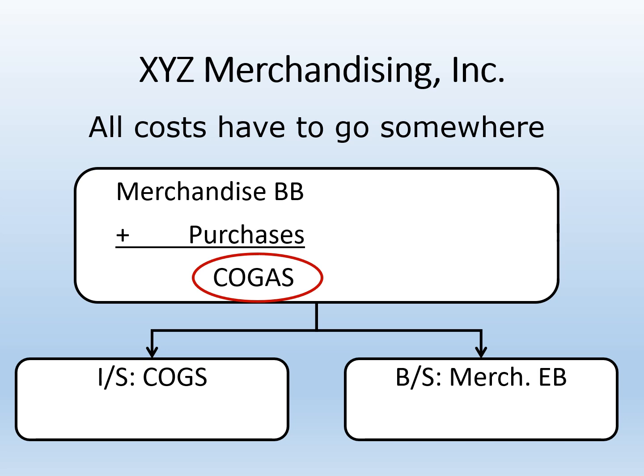Altogether, the value of the goods that got sold plus the dollar value of the goods that didn't get sold has to equal the cost of goods available for sale, because all costs have to go somewhere.